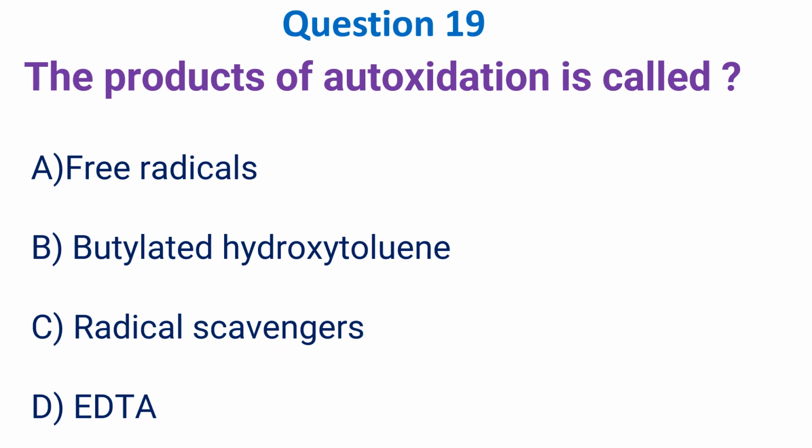The product of autooxidation is called... What is autooxidation? It is the spontaneous oxidation of a compound in air. In the presence of oxygen, esters slowly oxidize to form hydroperoxide and peroxide. The product of autooxidation is free radicals. The answer to the question is A. Free radicals.